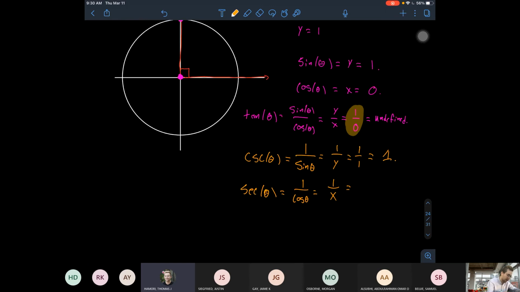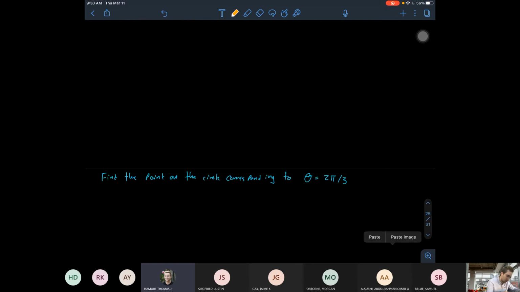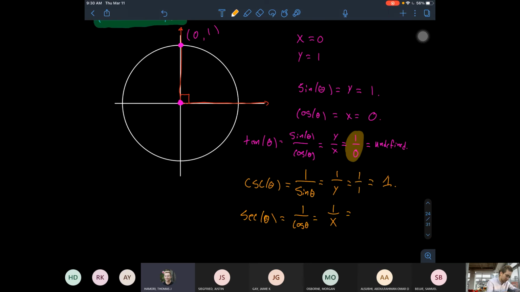And I know that x in our case is equal to 0, so this is 1 over 0. And that's equal to undefined. Well, it's not defined. It's not equal to anything. Okay, so we got another undefined result here.